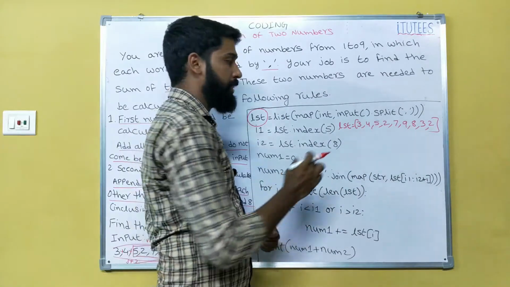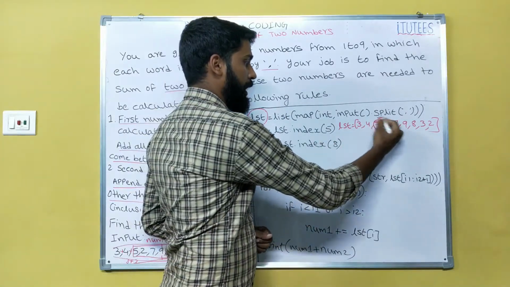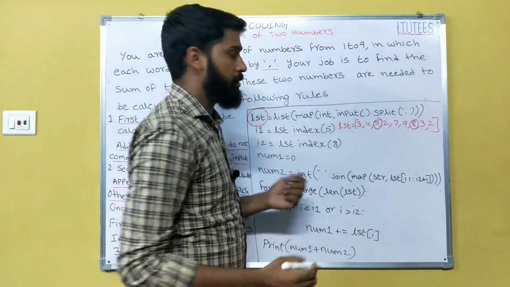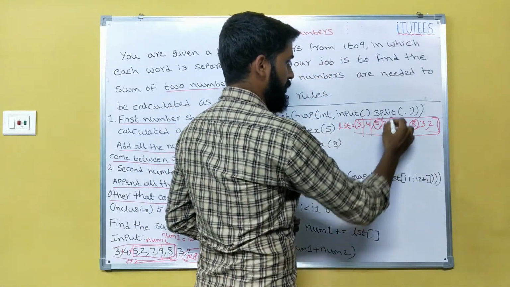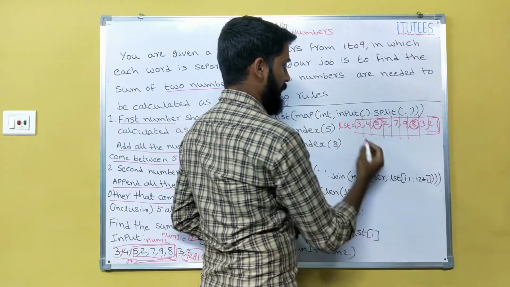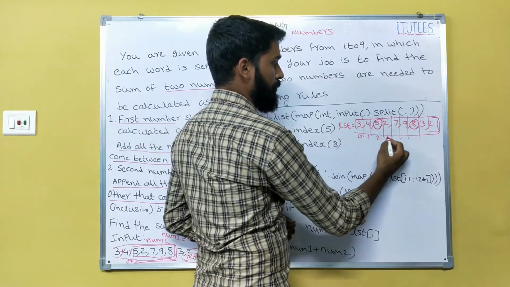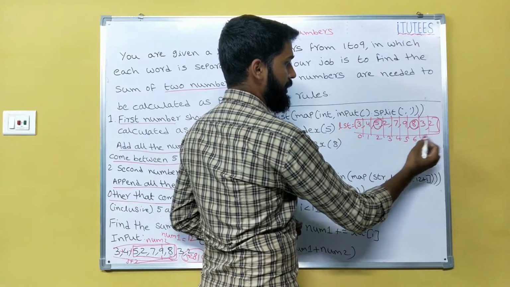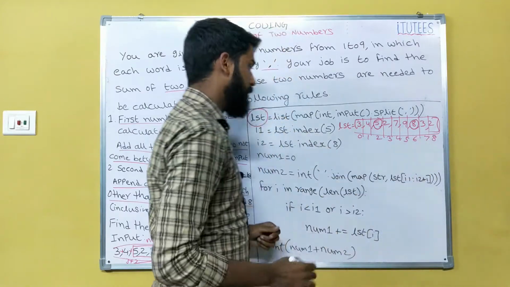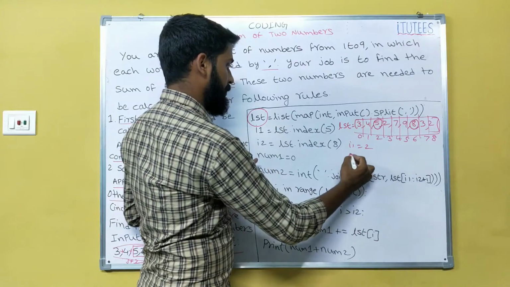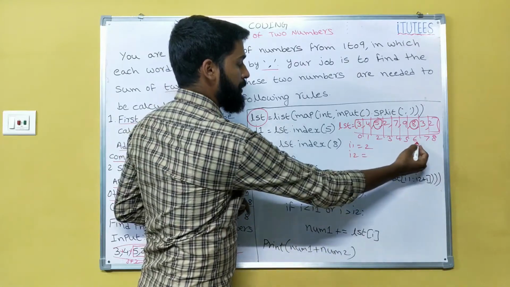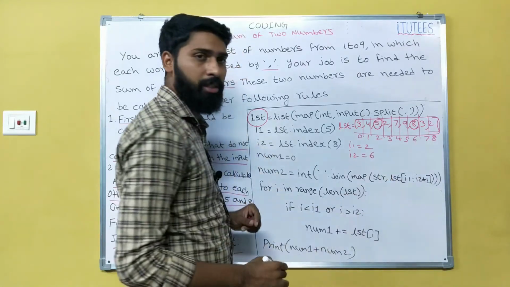Now we are going to find the index of 5 and the index of 8. The index of 5 is 2. The index of 8 is 6. So I1 equals 2, and I2, the index of 8, equals 6.